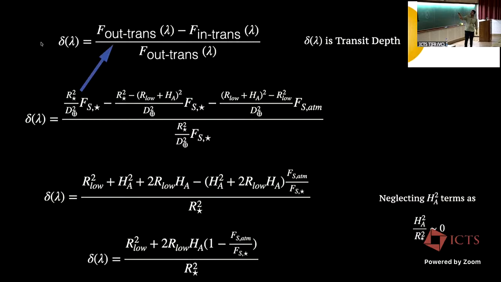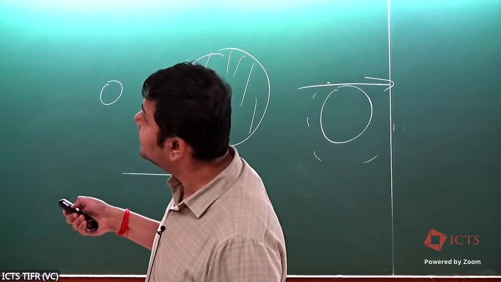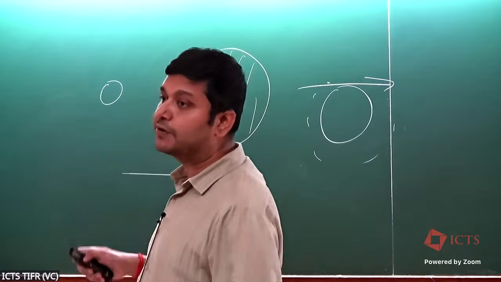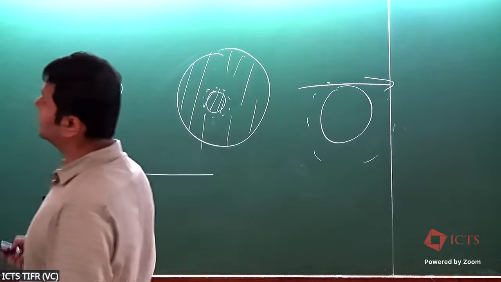This is that term, F atmosphere, essentially. The amount of radiation that is filtered through the planet's atmosphere depends on what the atmosphere is made up of. And here we are currently assuming just one layer. We can improve the complexity.